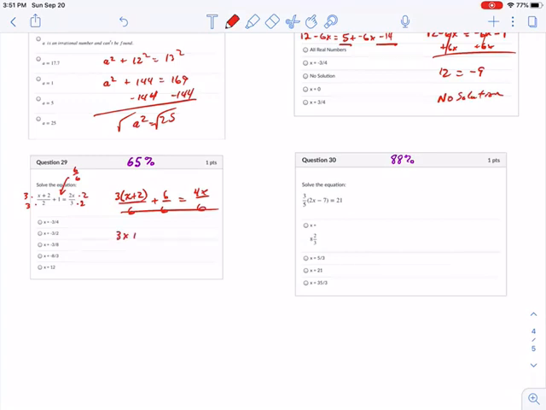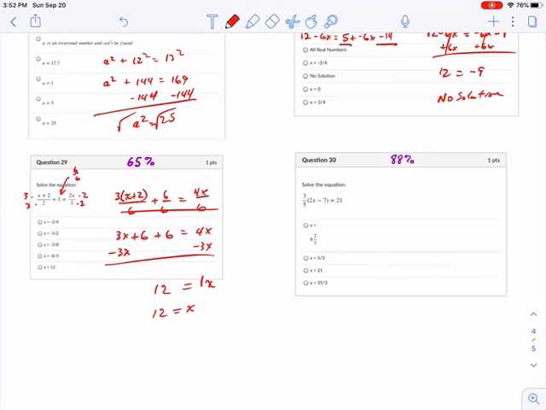Distribute the 3 to make it 3x plus 6 plus this other 6 equals 4x. If I subtract 3x from both sides, then I should get 4x minus 3x is 1x. 6 plus 6 is 12, so x equals 12. It does come out to be 12.